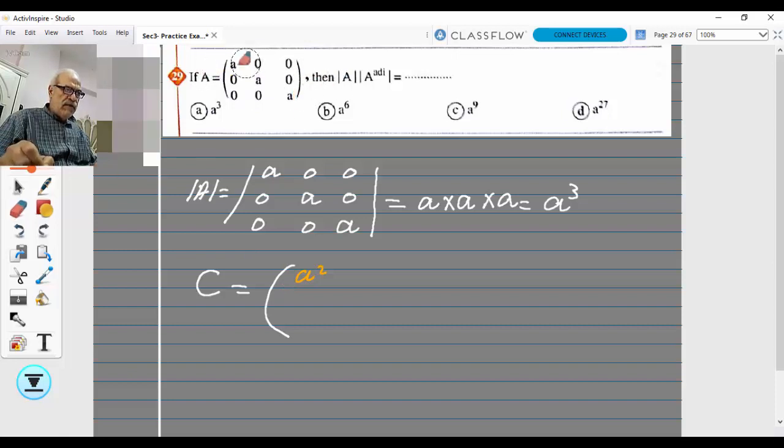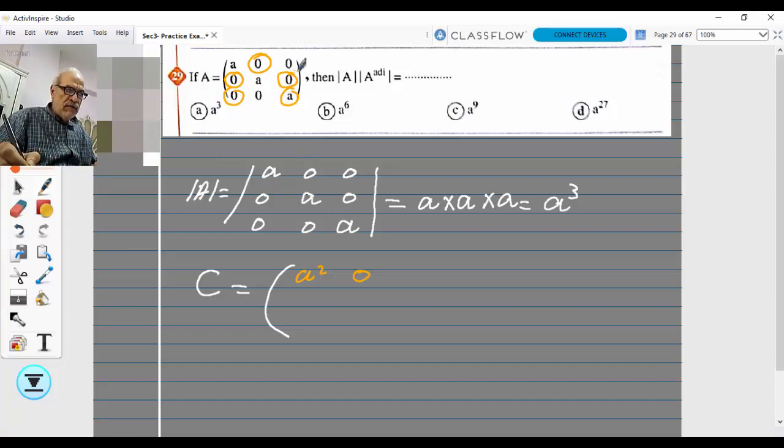Again, with respect to the second element 0, here 0. What is the cofactor of this element? It is negative. The value of the determinant consists of these 4 elements. So 0 multiply anything equals 0, and the result equals 0.